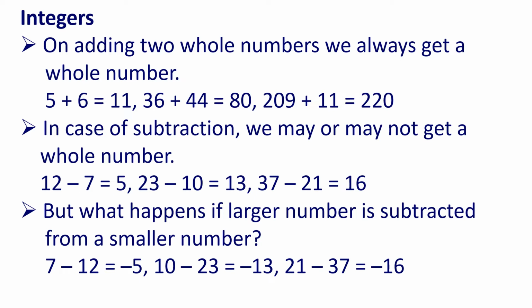That is 12 minus 7 is equal to 5. 23 minus 10 is equal to 13. 37 minus 21 is equal to 16. But what happens if a larger number is subtracted from a smaller number?